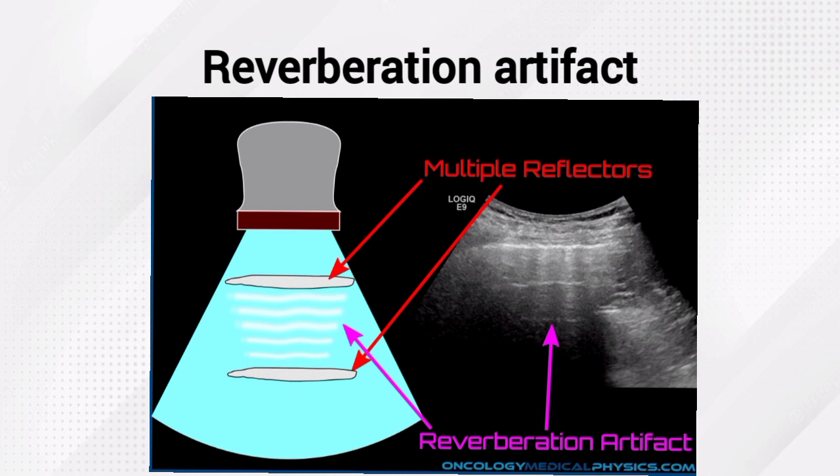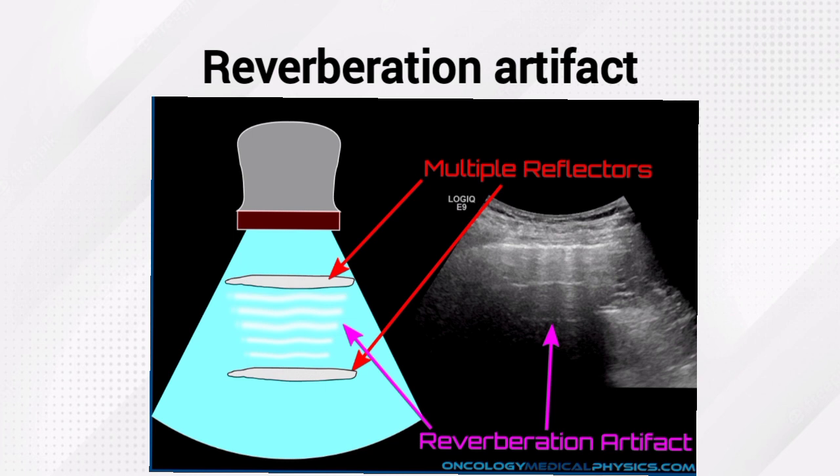So all these are spaced equally to the distance from the actual interface. Now, the first echo displayed is real, but all the subsequent echoes received from the same reflector result in additional echoes being displayed which are not real.